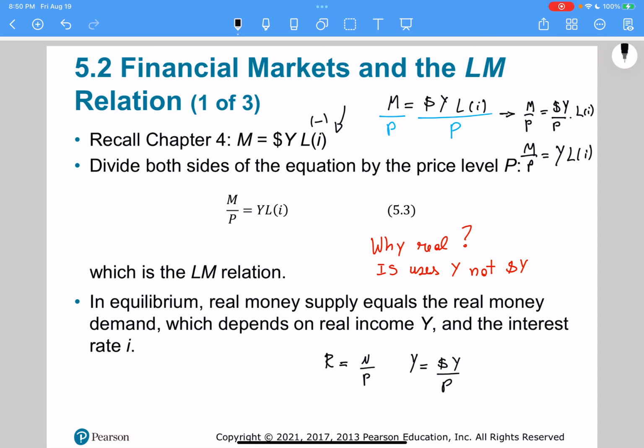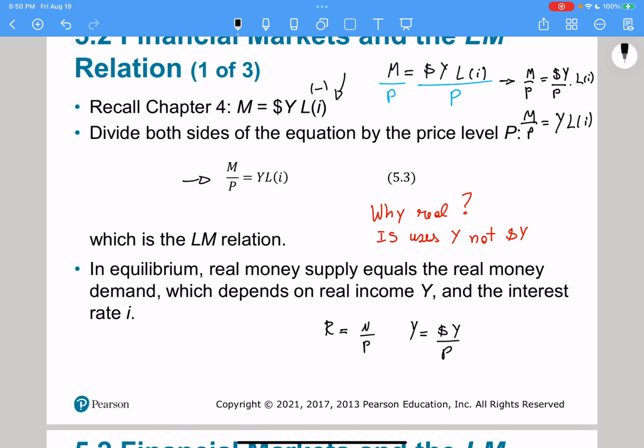And this is the definition of equation 5.3, which is going to be the LM relation. Well, in equilibrium, the real money supply, and this real is because we are dividing the money supply by P, the general price index, equals the real money demand, which depends on the real income and the interest rate.